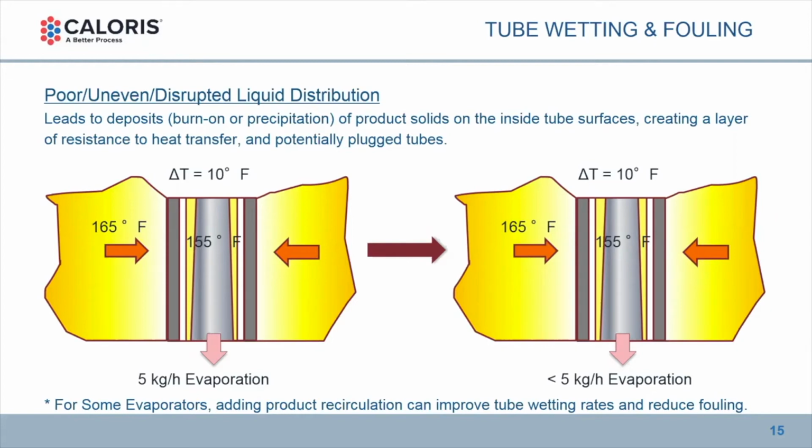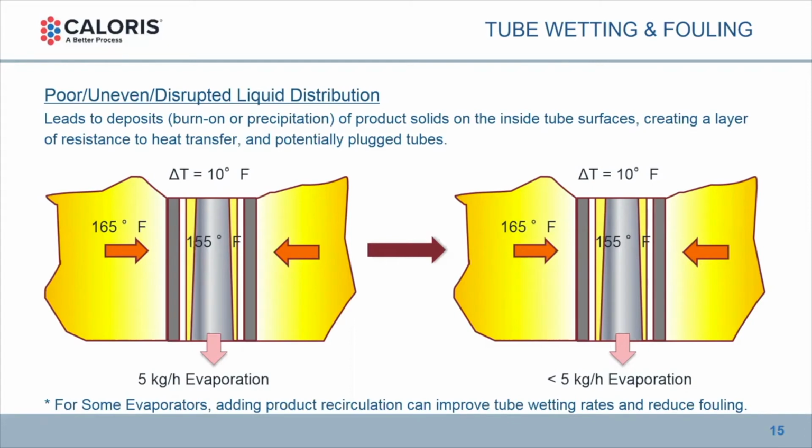One thing, in addition to modifying the liquid distributor to uniformly wet the tubes, say you've got an evaporator that's got some years on it and has been repurposed, or its operating conditions have changed.